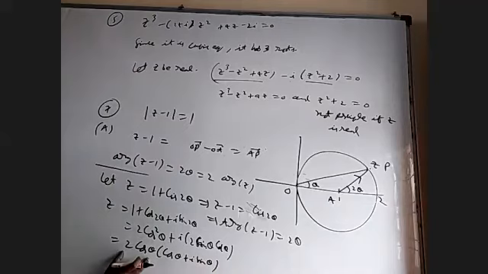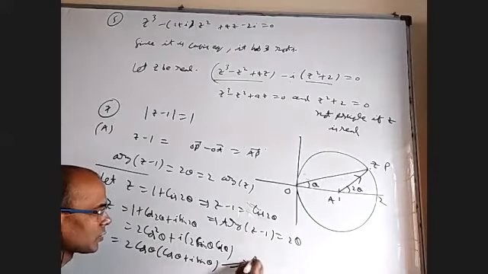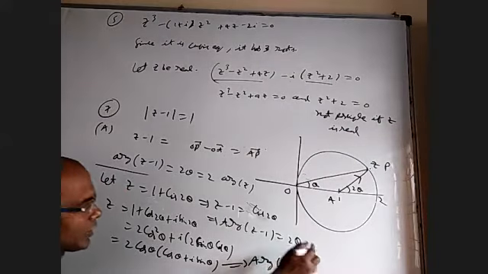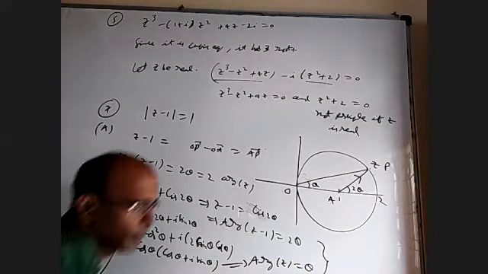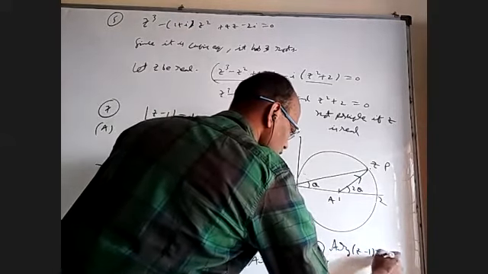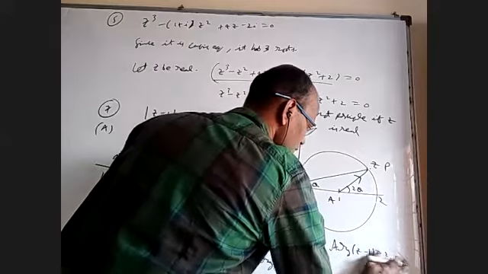You can see now this is the modulus of z, this is the argument of z. So argument of z is theta. Now this one you put it there, you will get argument of z minus 1 is 2 times argument of z.